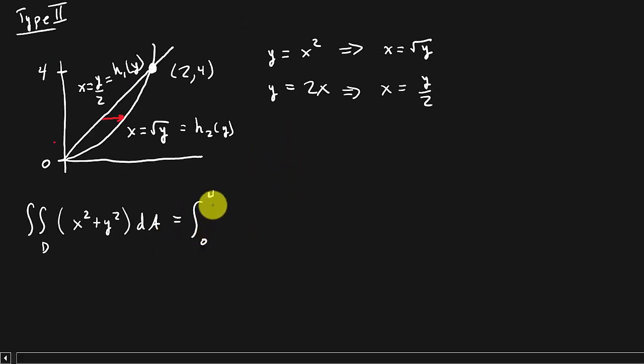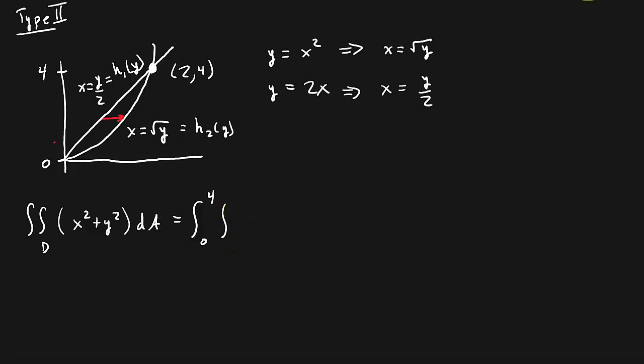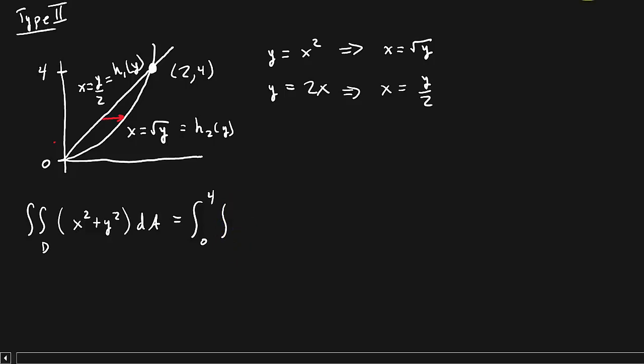We're going to go from 0 to 4, and then from h1 to h2, right? So that's going to be y over 2 to the square root of y. We're going from h1 to h2, and that's x squared plus y squared.